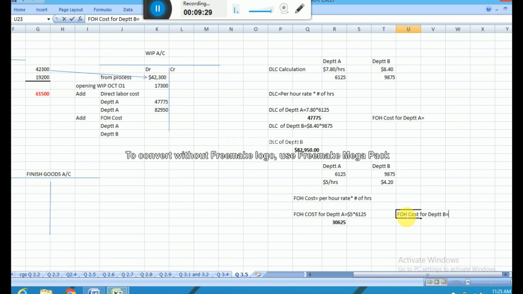So $4.20 multiplied by the number of hours.